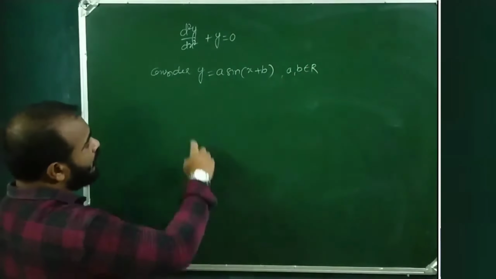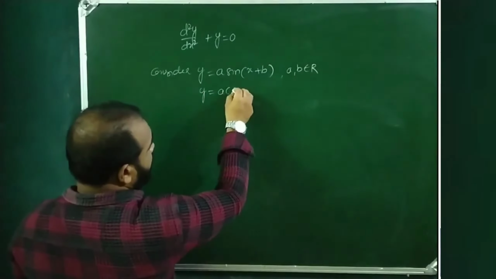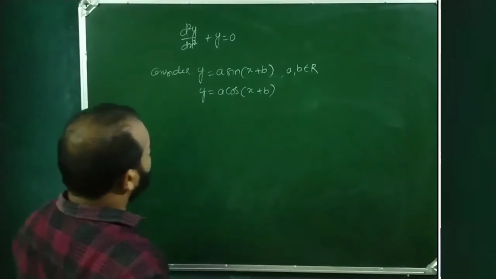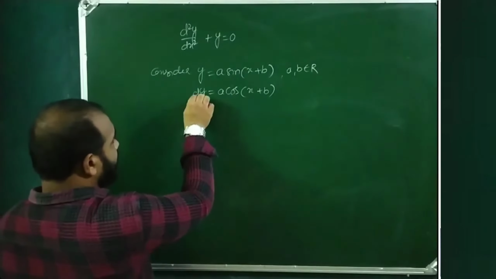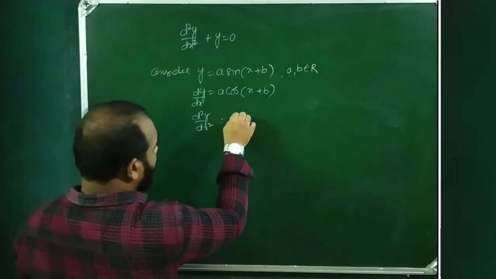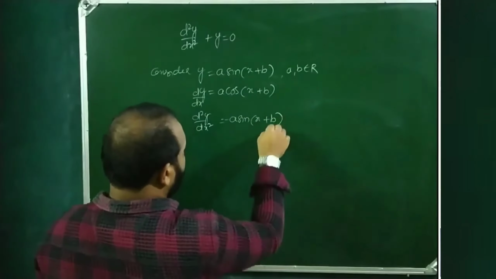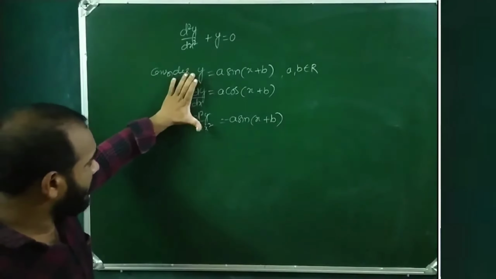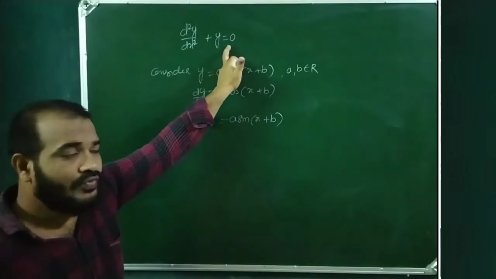So now if you differentiate it, y is equal to a sine x plus b, the derivative is a cos x, and this is dy by dx. And d square y by dx square is equal to a times minus sine x. Now these values of y, dy by dx, d square y by dx square, if you substitute in the given equation, then it is satisfied.